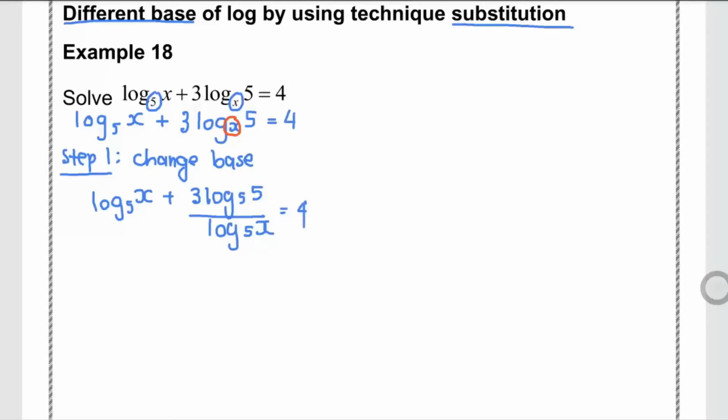Then, as we can see here, we have 3 log 5 base 5, and if we recall from the rules of logarithm, log 5 base 5 is just 1. So our equation will be log x base 5 plus 3 over log x base 5 equals 4.